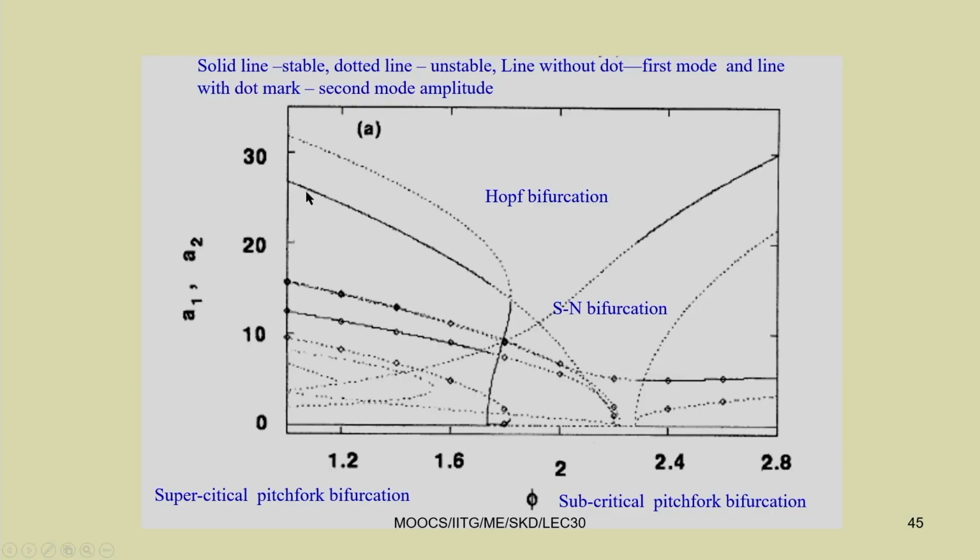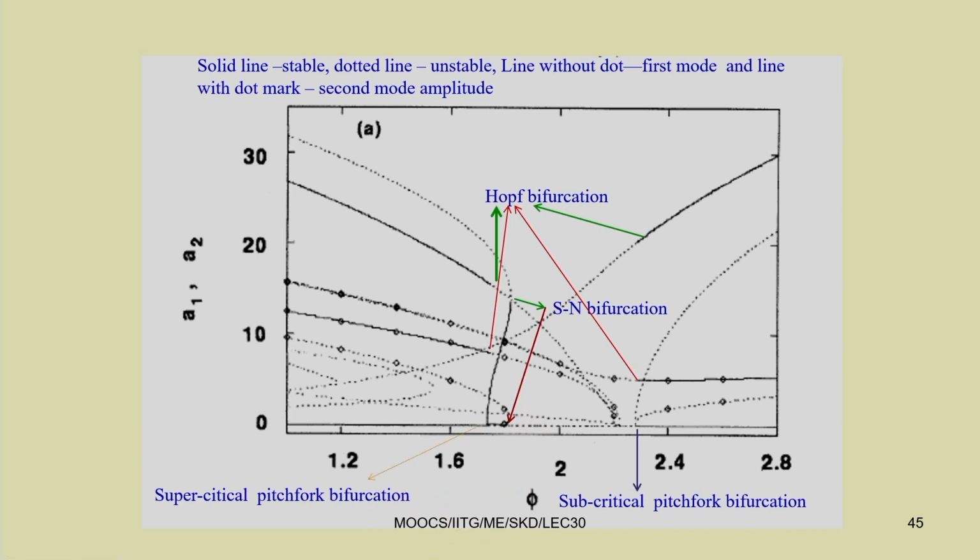You are already familiar with this figure. Here you have seen systems with internal resonance conditions. We have multiple responses in the frequency response, unlike single degree of freedom systems, where we have only one response for a particular value of omega n.